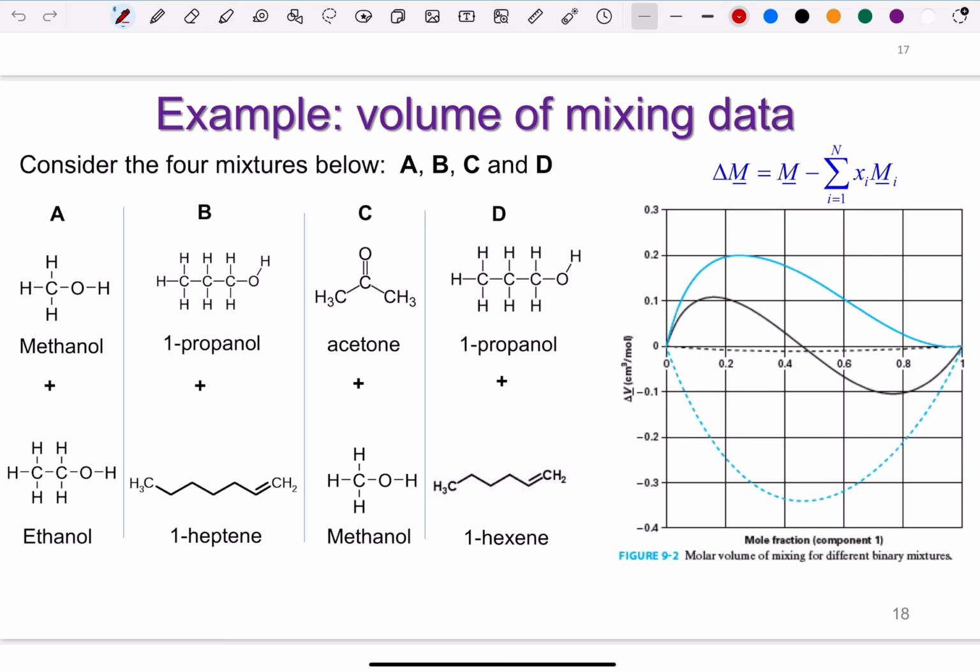All right, so this is another example here. We have different binary mixtures. In case A, methanol and ethanol; B, 1-propanol and 1-heptane; C, acetone and methanol; D, 1-propanol and 1-hexane, and we have the volume of mixing, right?